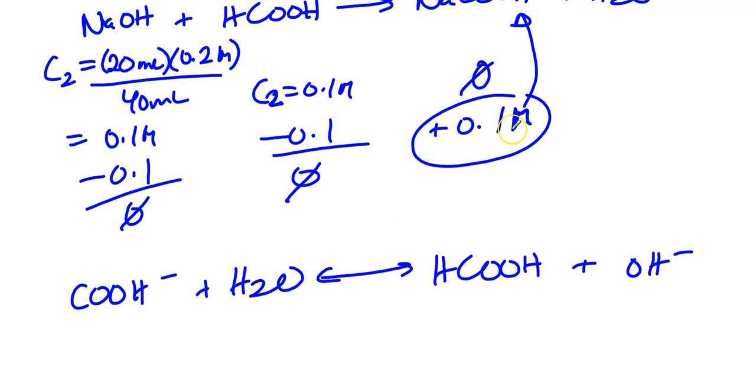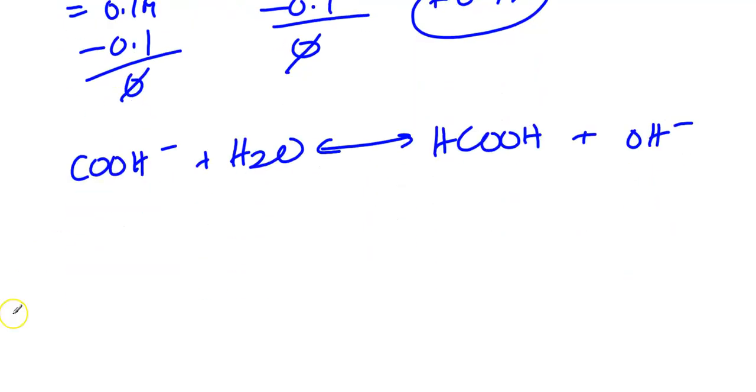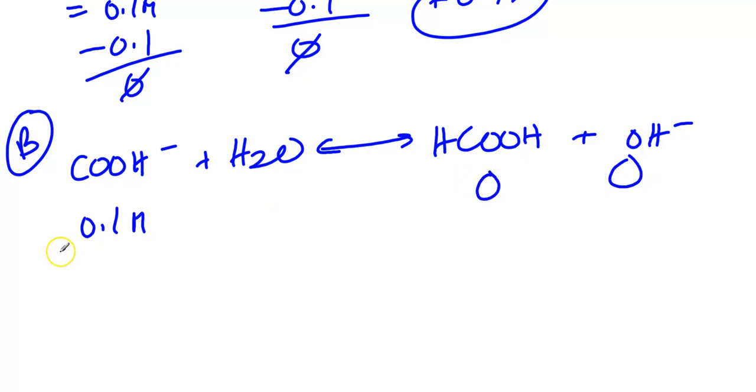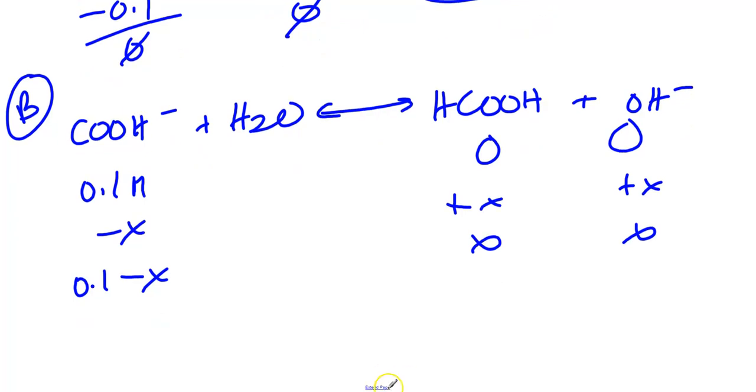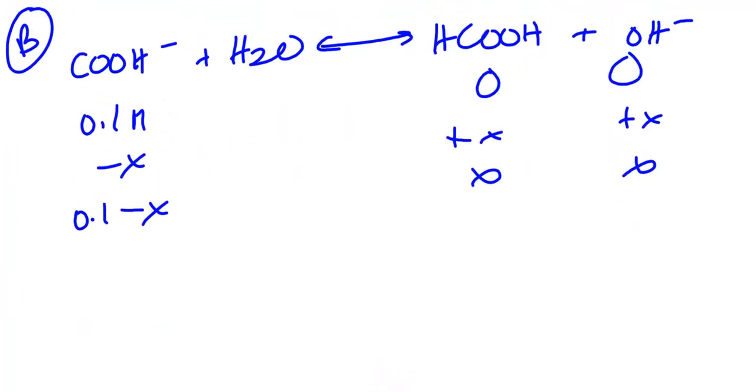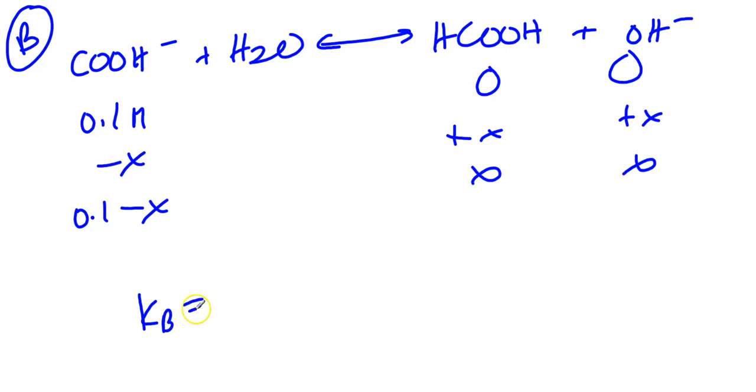So we have an initial concentration of 0.10. So this is a weak base equilibrium, so it's going to be Kb. Right? We start with nothing here. We're going to do minus x, 0.1 minus x, plus x, plus x. So Kb, remember we want pH. So the whole purpose of this is we want to find out that hydroxide.